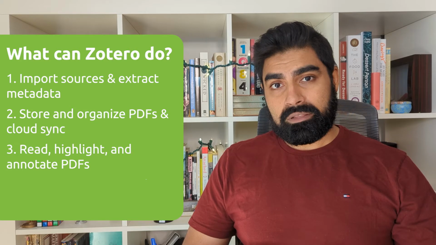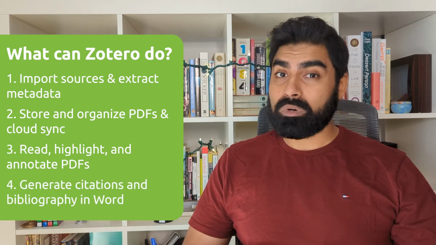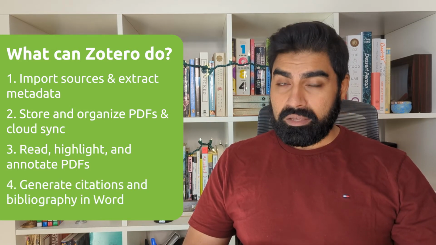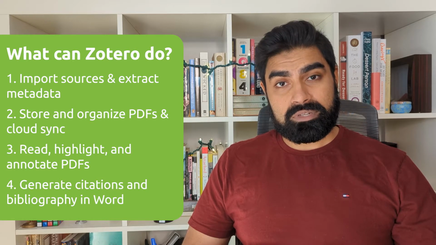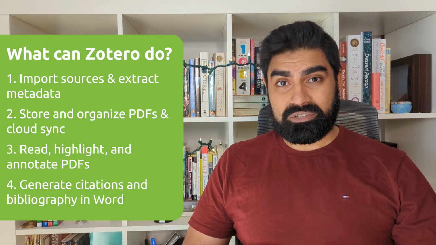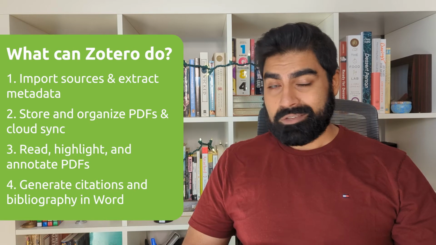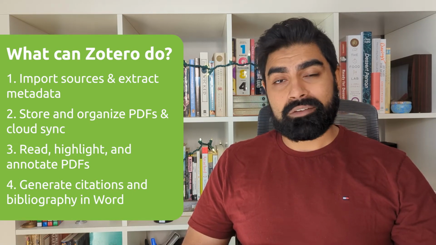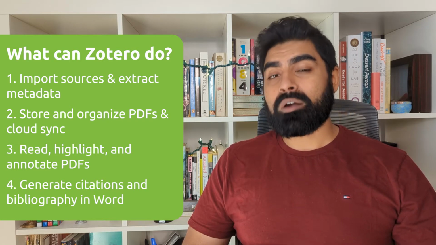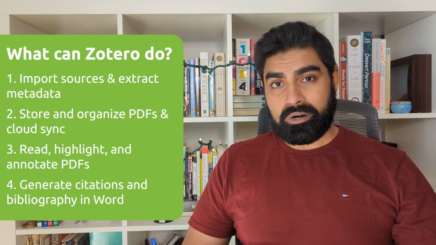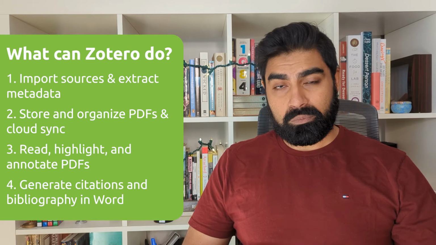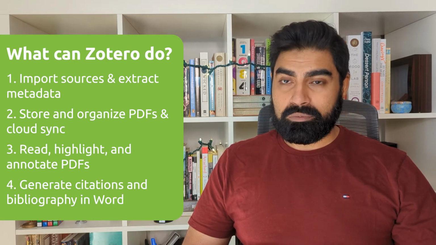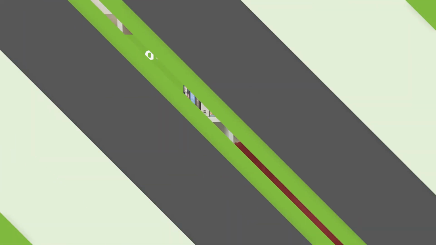The fourth thing we're going to be looking at is the Microsoft Word integration with Zotero so that we can have Zotero automatically generate citations and the reference list for us so that we never have to manually write a citation or a bibliography ever again. This is going to be part one of two. In part one, we're going to be looking at points 1 and 2, and in part two, we're going to be looking at 3 and 4.